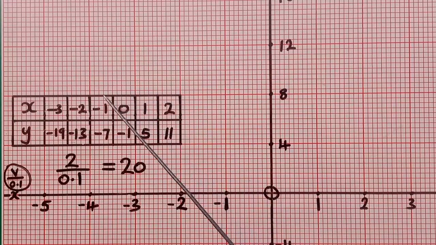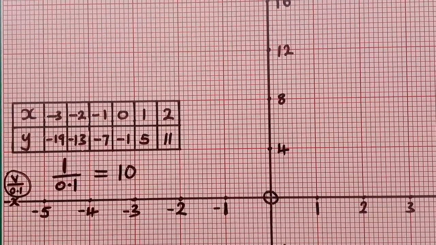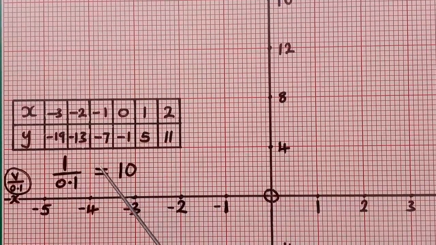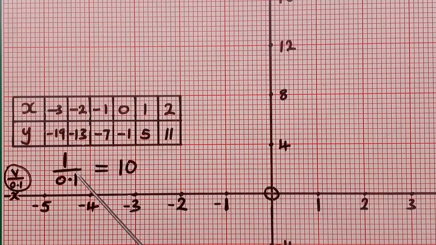Let's now locate this minus 1 in like manner. To locate 1, we replace this v with 1. Don't forget we deal with magnitudes, not a sign in this calculation. So we have 1 over 0.1. 0.1 had been there, and 1 is what we're locating. 1 over 0.1 is equal to 10. 10 what? 10 unit boxes.